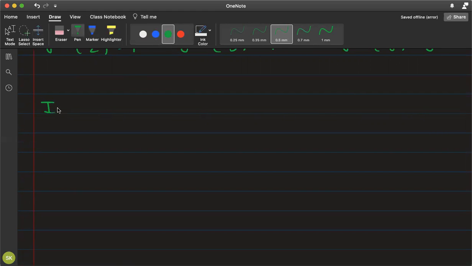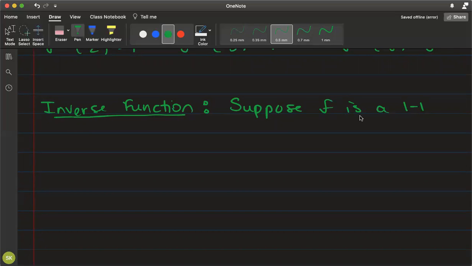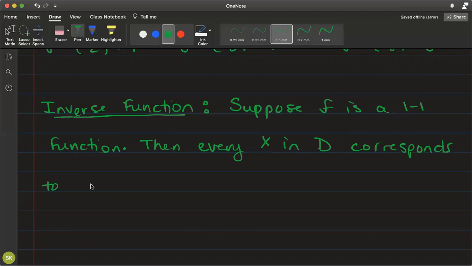So an inverse function. To have an inverse function, you have to have a one-to-one function. So suppose f is a one-to-one function. Then every x in the domain, I'm going to just use D for domain, corresponds to one y in the range. And I'm going to use R for range.